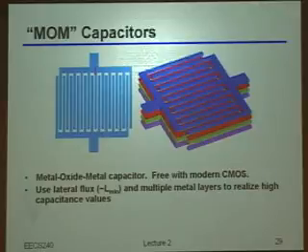Now this is again something you'll see in your homework, but just to make sure everyone's paying attention, with this kind of structure, when we talk about top versus bottom plate, do you expect one to be larger than the other? Yes? Do you? No. No, right?